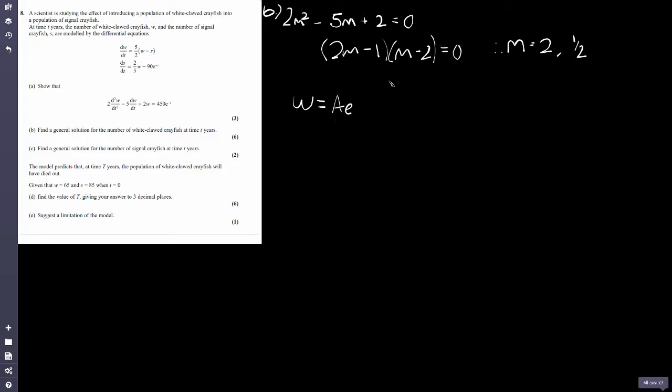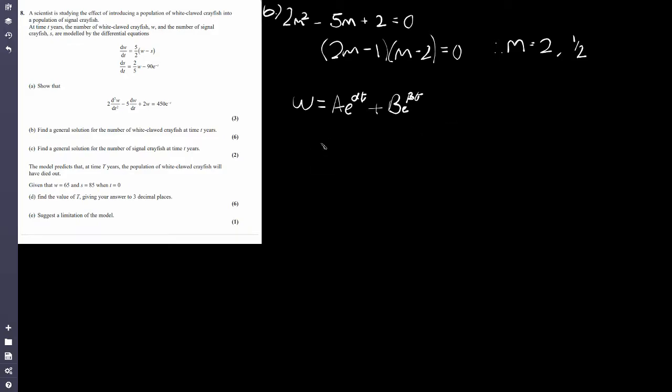It could be whatever letter you want in the alphabet, but it is good practice to use A and B. So this is going to be A e to the power of alpha t, plus B e to the power of beta t.